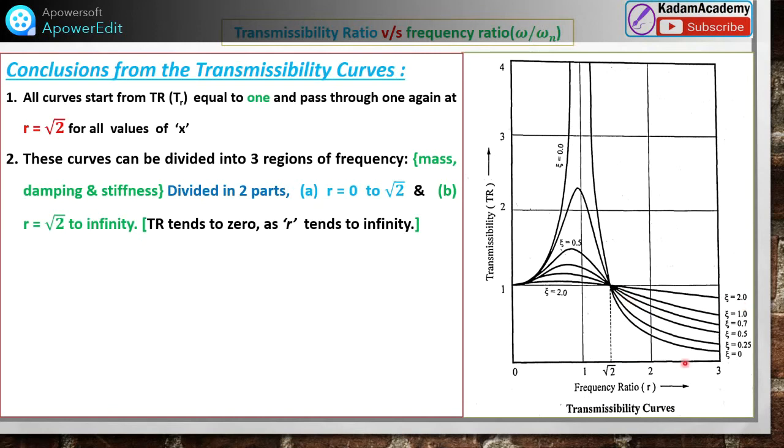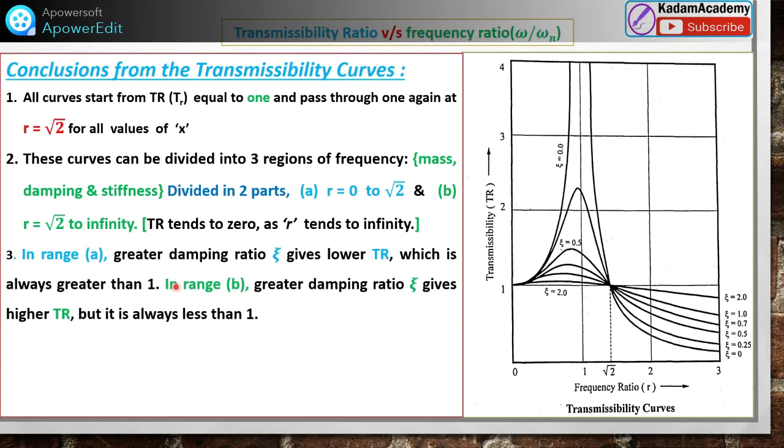And this relation also depends on the damping ratio. The greater the damping ratio, the lower is the TR. That is near about equal to or greater than 1. Here, before this.